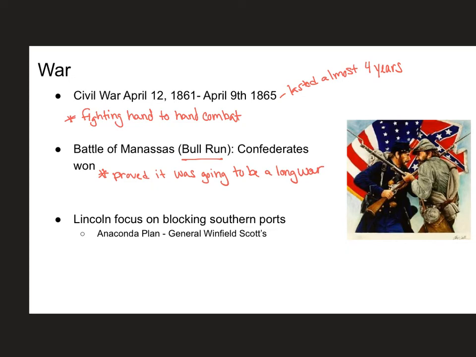And so something that Lincoln tried to do during the war was to focus on blocking the southern ports, which was known as the Anaconda Plan by General Winfield Scott. And again, the idea was to block all seaports, meaning that the South could not get supplies.